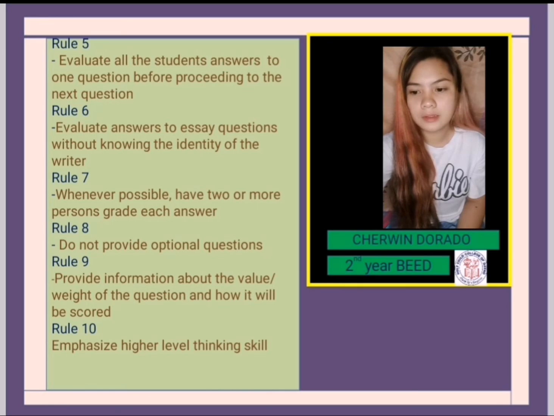Rule number 8 is do not provide optional questions. And rule number 9 is provide information about the value or weight of the questions and how they will be scored. And rule number 10 is emphasize higher level thinking skills.